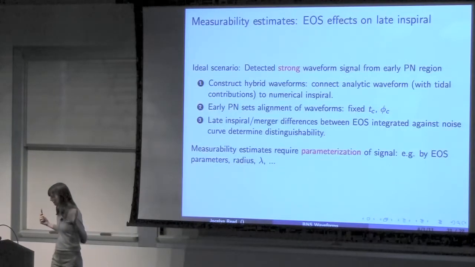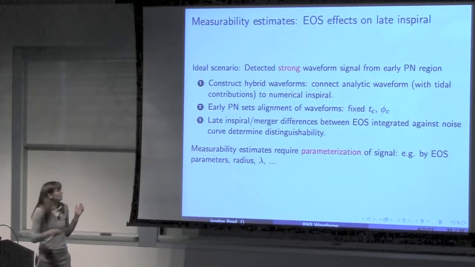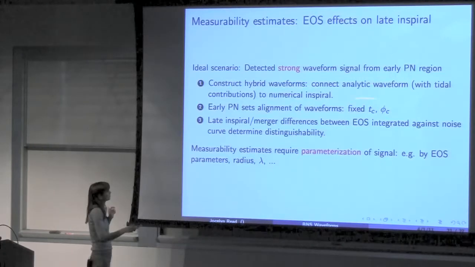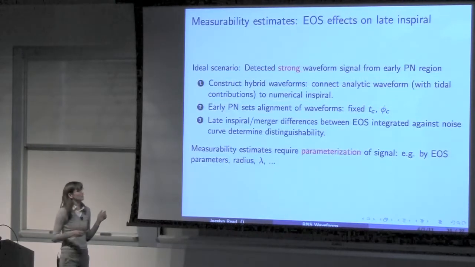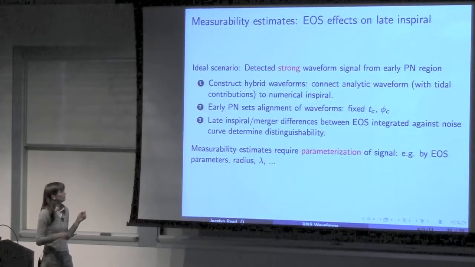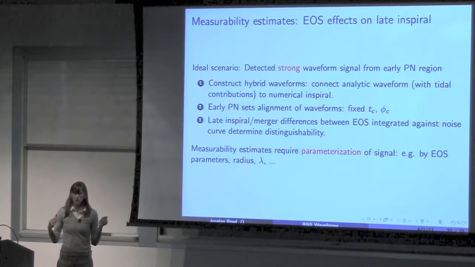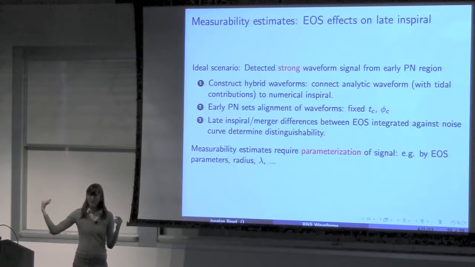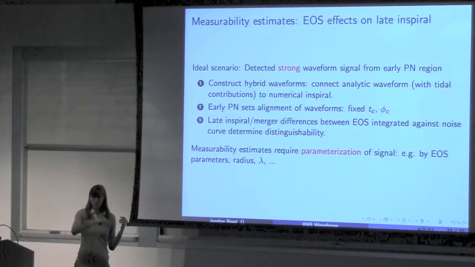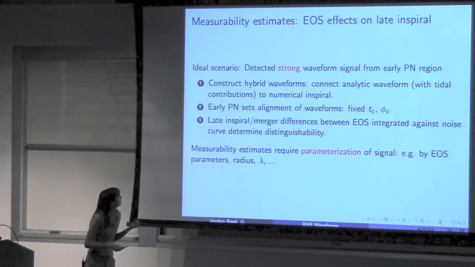This should be perfectly fine. And we would like to be able to compare this with a hybrid waveform where we construct an analytic waveform from the tidal contributions that's connected to the numerical inspiral so that we know the phase tracking from the very start to the very end of the waveform.